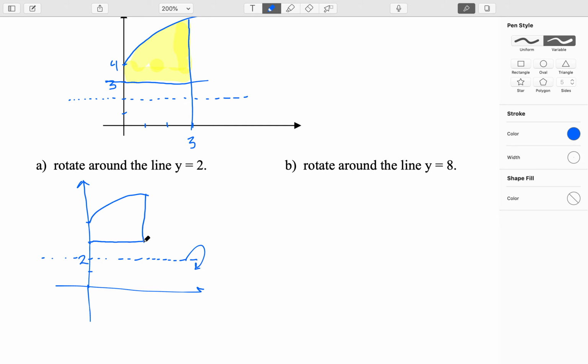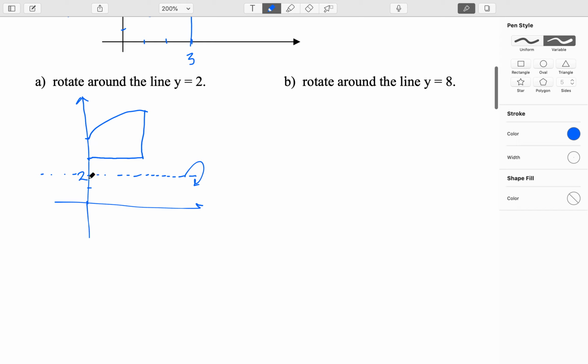That shape is going to get a mirrored image. This one is going to go to here. I'm going to get the mirrored image, and then of course this is all going to be round. So I'm going to get basically something that looks like this.